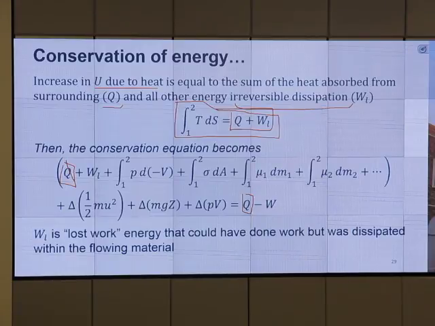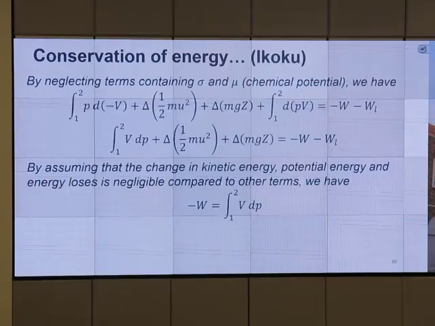So Q cancels with Q, right? Make sense? So that Q is gone, and we neglect the term containing sigma and mu, chemical potential and surface energy. We said that the energy related to other terms is way more than the change in any chemical potential or surface energy, so we neglect those terms. Then we just have 1, 2, 3 terms on the left hand side and these two.